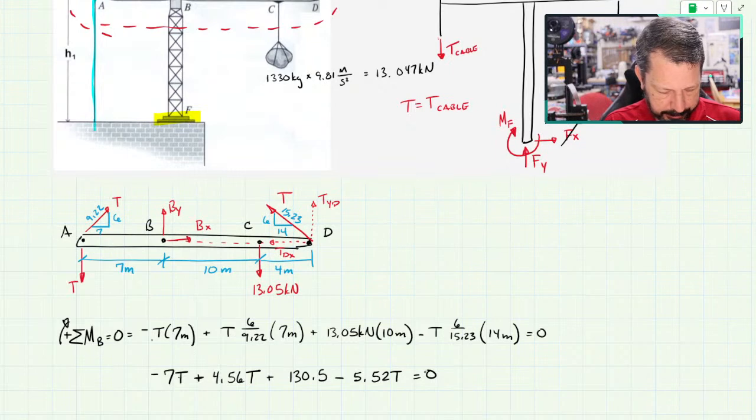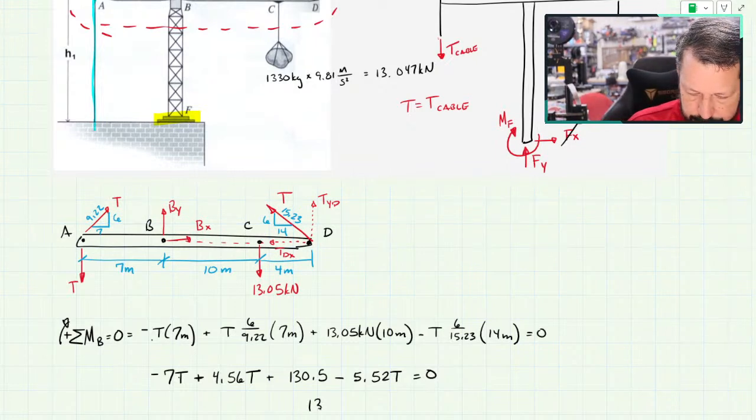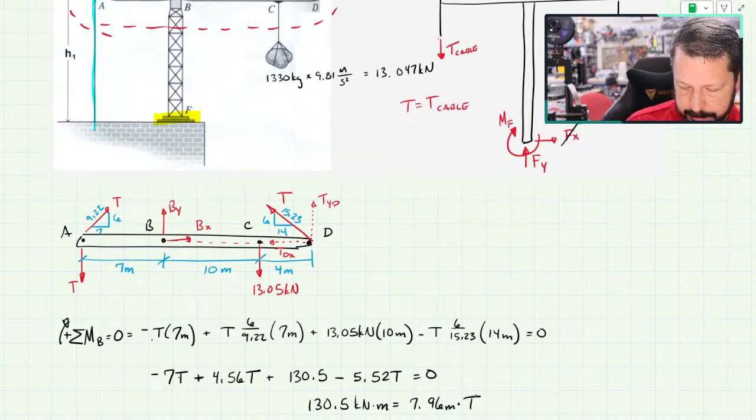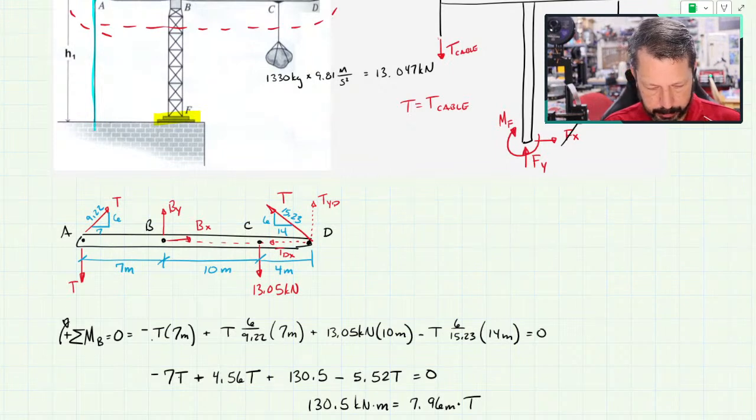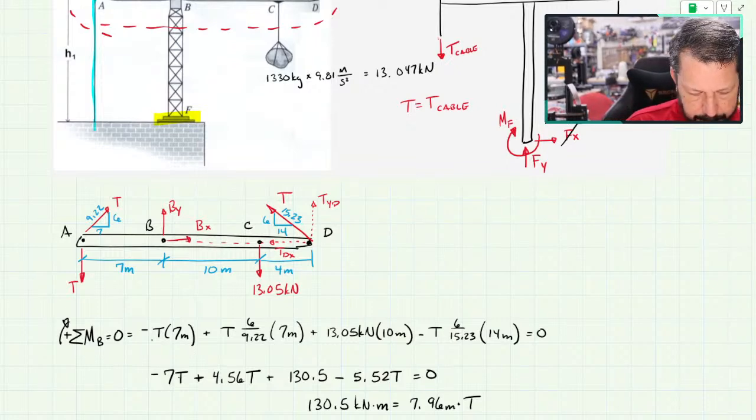So I've got 7 plus 5.52 minus 4.56. I'm moving them to the right side of the equals so that all their signs are flipping. So I've got 130.5 kilonewton meters equals 7.96 meters times T. T should equal 130.5 divided by 7.96, 16.39 kilonewtons.